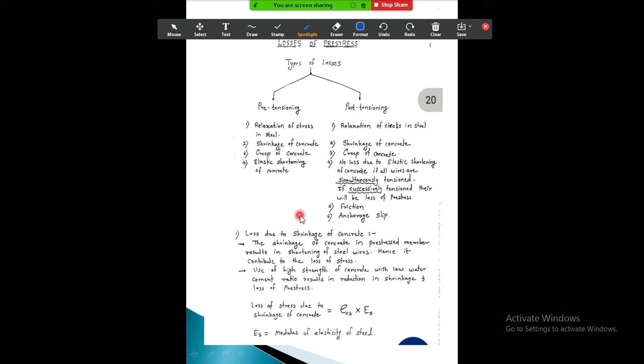So the most important formula is this one. This formula we are going to use to calculate the loss due to shrinkage of concrete. And what does the formula say?